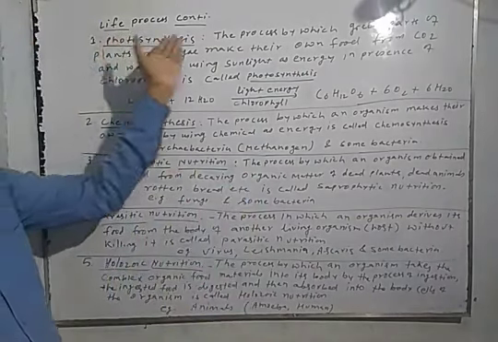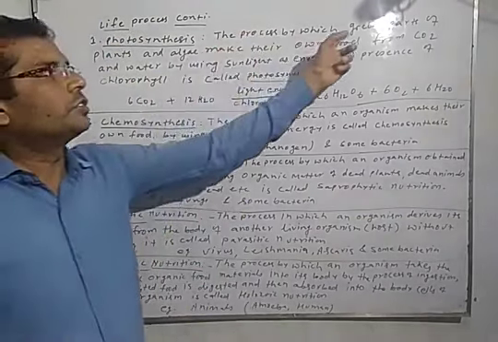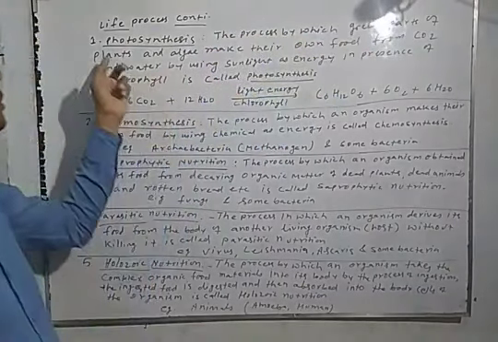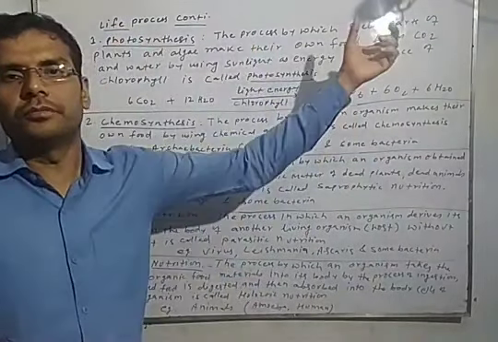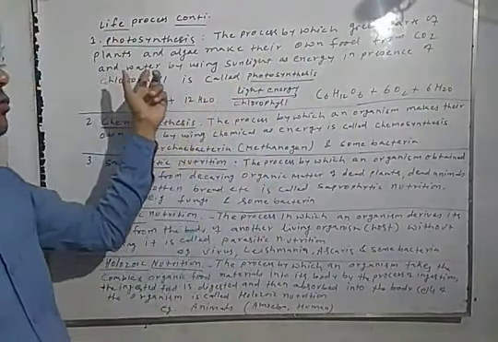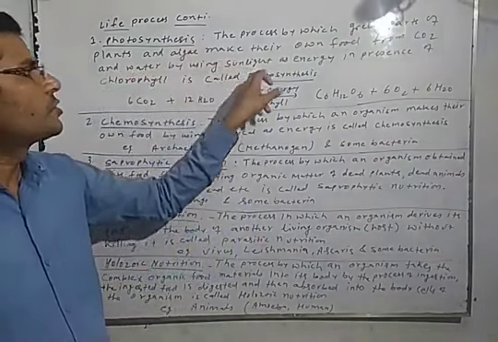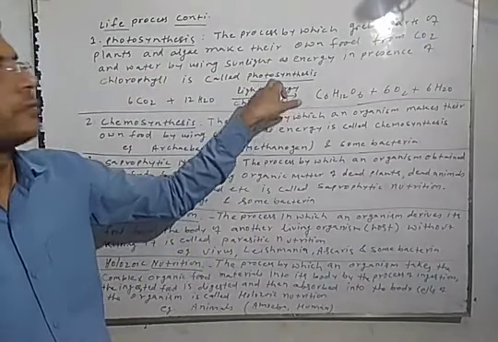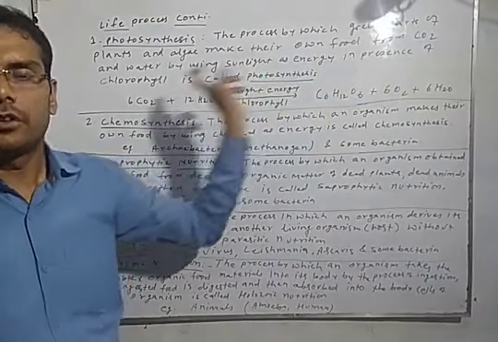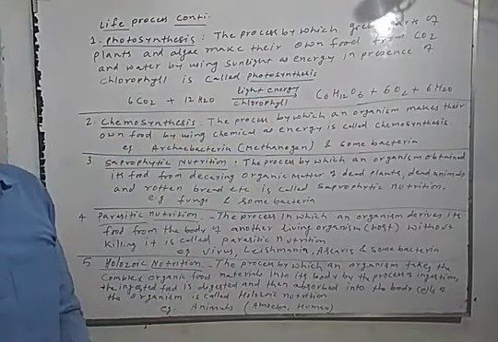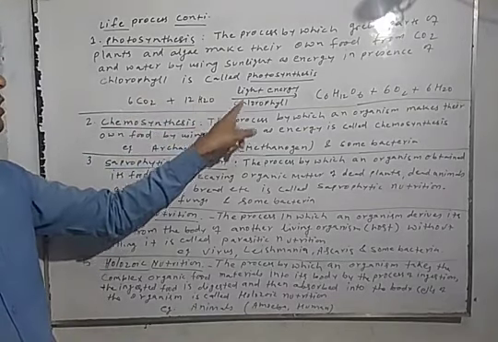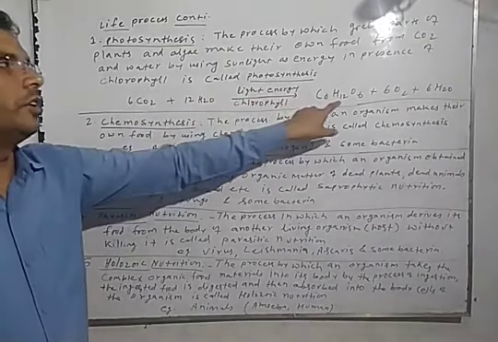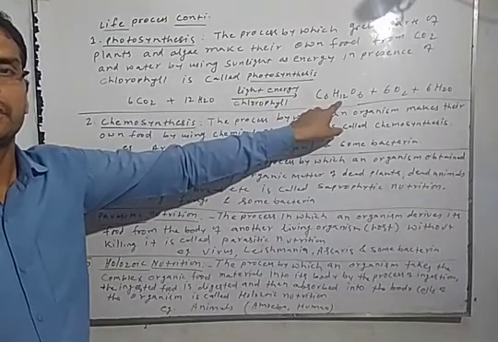Now what is the definition of photosynthesis? The process by which the green parts of plants and algae make their own food from CO2 and water, using sunlight as energy in the presence of chlorophyll, is called photosynthesis. CO2 and H2O combine in the presence of sunlight and form the organic compound glucose.